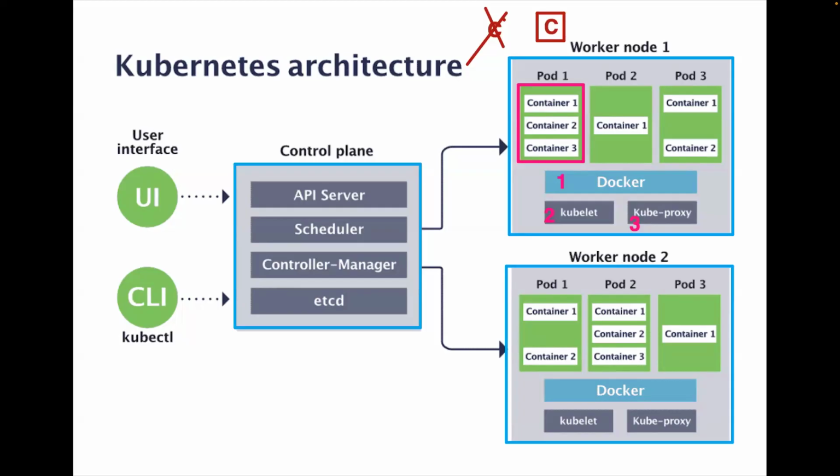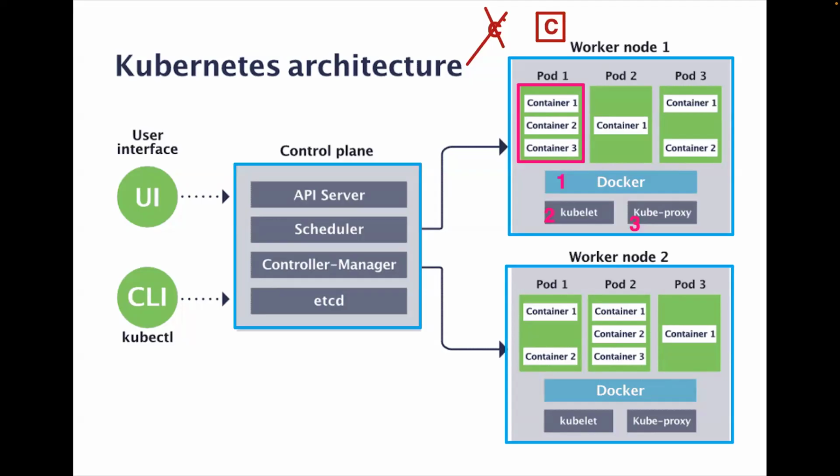So Docker container, kubelet, kubeproxy, these are the different components, and then you have the pod. So these are the 4 components you have: Docker, kubelet, kubeproxy, and the pod.